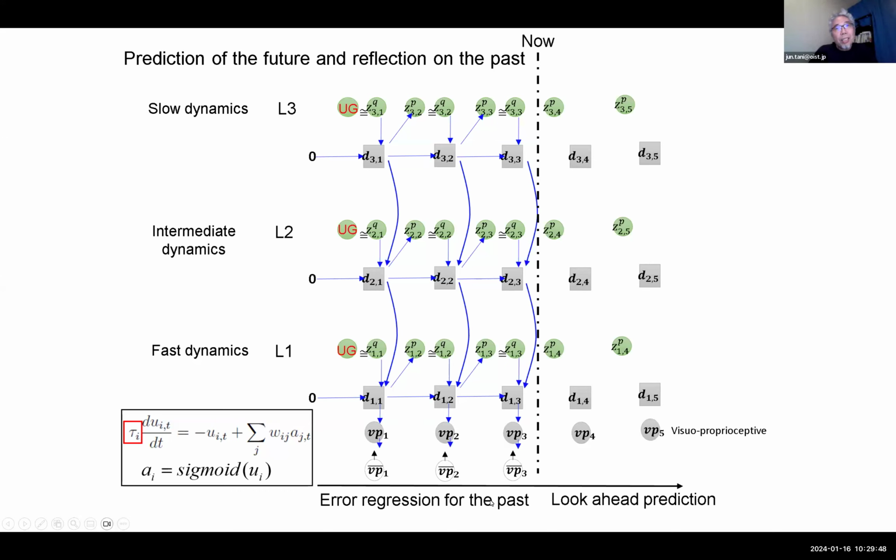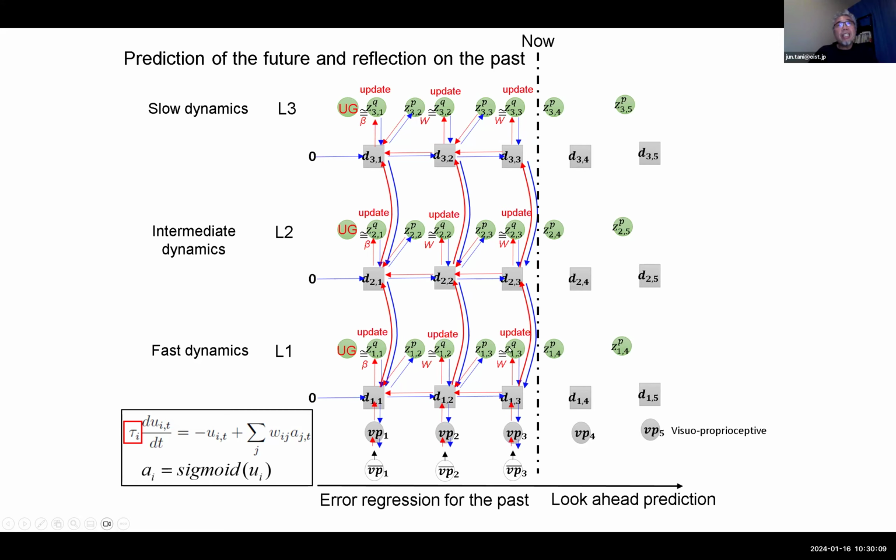Because this is the past part, an observation has already been made, and the network tries to reconstruct this part nicely by using the error signal and updating the posterior at each time step, in each layer, by minimizing free energy.